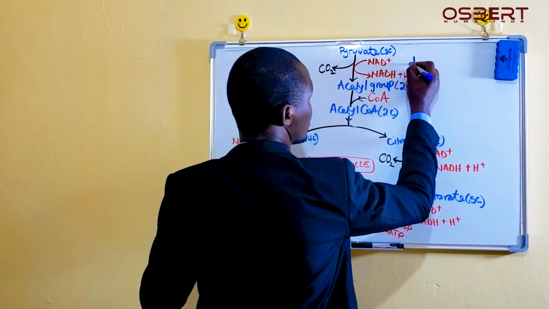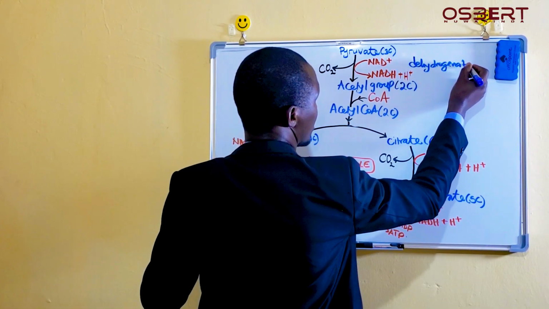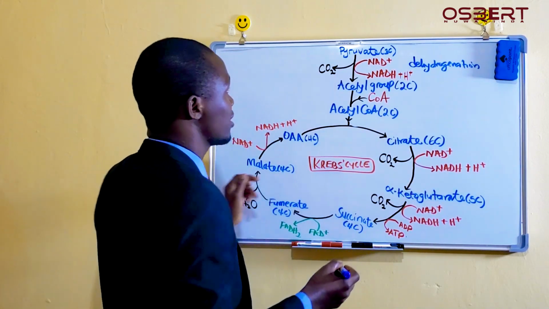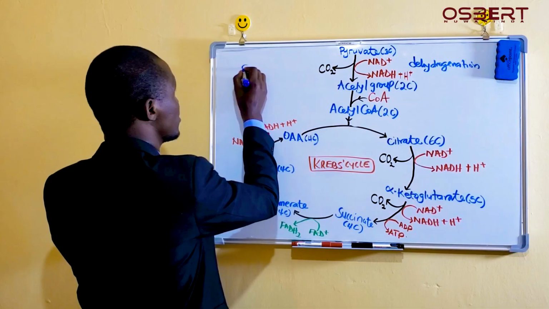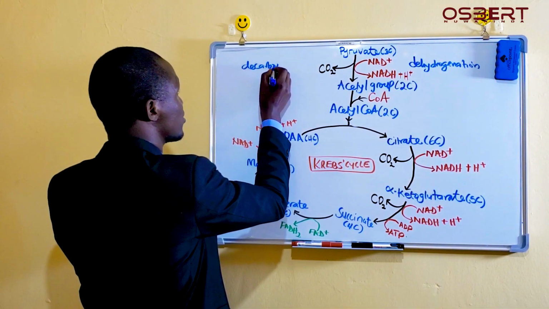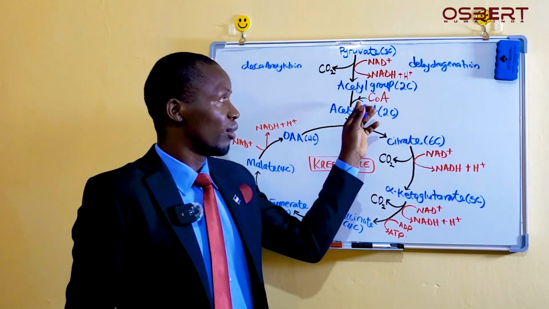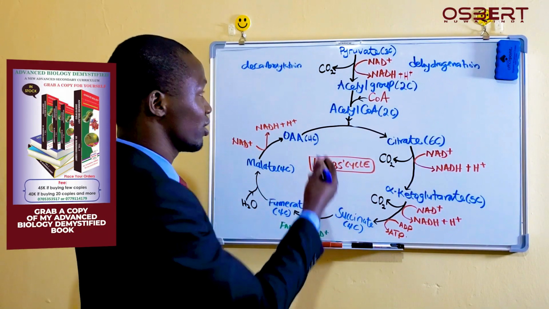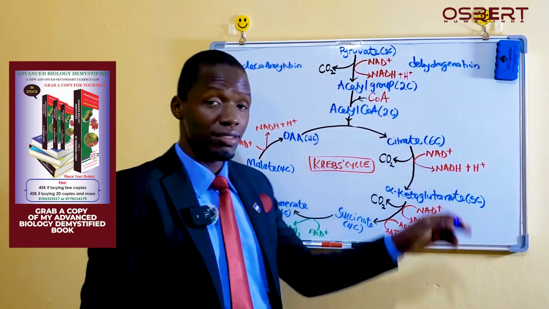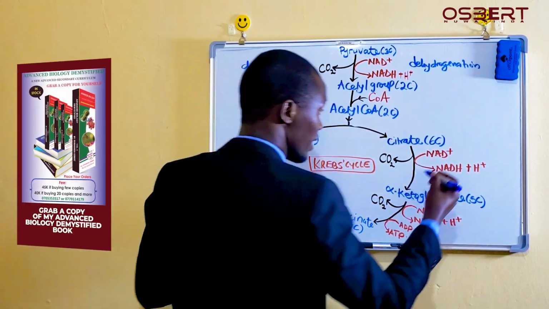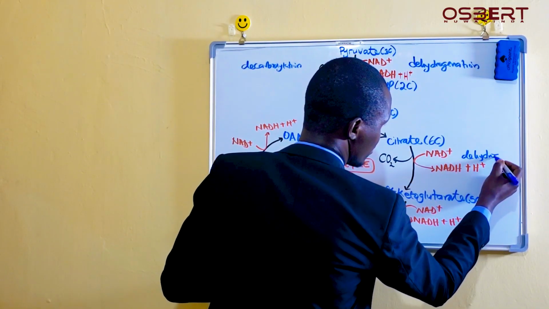This is dehydrogenation. Of course, here we are also having loss of carbon dioxide, so that one I can call decarboxylation. And then here we have addition of a CoA. That one I may not have a real process to give, but the CoA is being added there. This is still dehydrogenation.